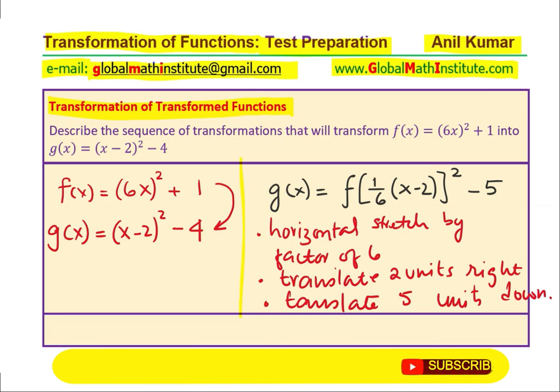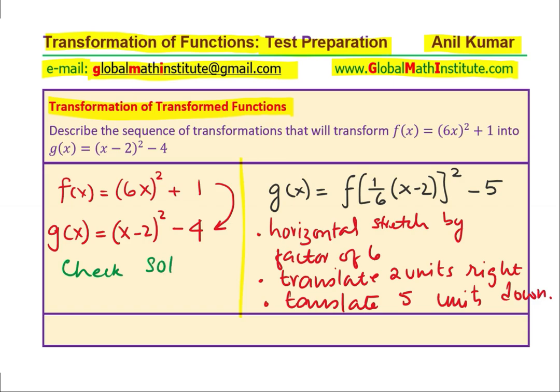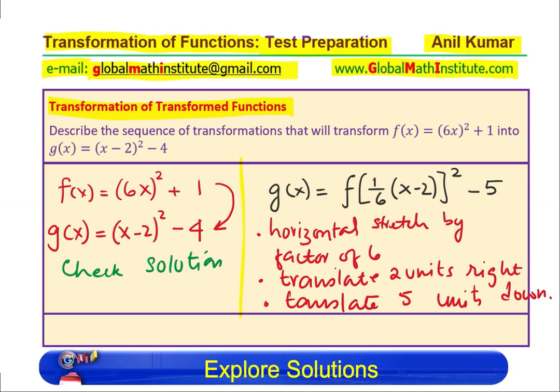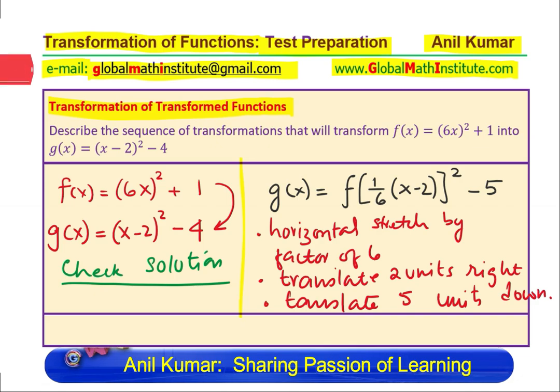The thing is that we need to verify. Can you help me verify or check the answer? How will you check the solution? That is what we'll actually focus on in this particular video to understand the concepts.